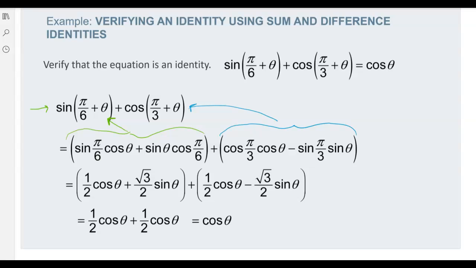Now we don't know what theta is, but what we can do is plug in what we know. Sine of pi over 6 is 1/2. Cosine of pi over 6 is square root 3 over 2. Cosine of pi over 3 is 1/2. And sine of pi over 3 is root 3 over 2.